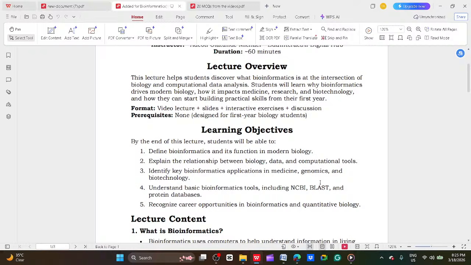Number one, you should be able to define bioinformatics and its functions in modern biology. Then you should be able to explain the relationship between biology, data, and computational tools. So what do we talk about in biology?